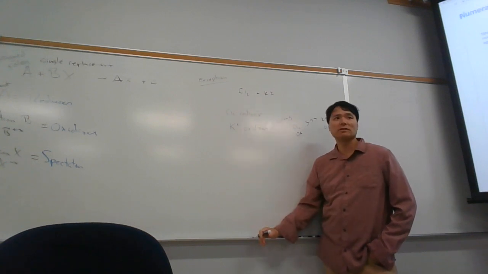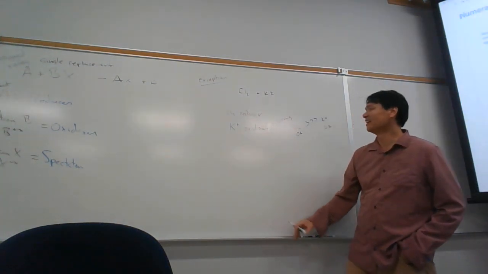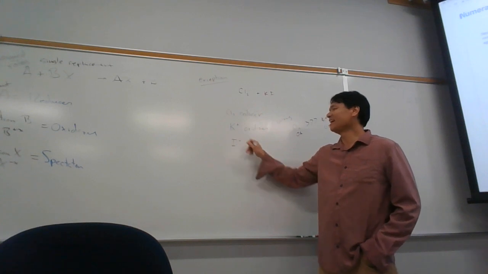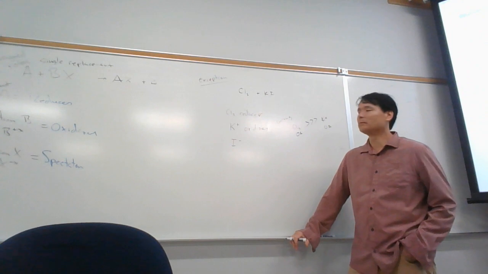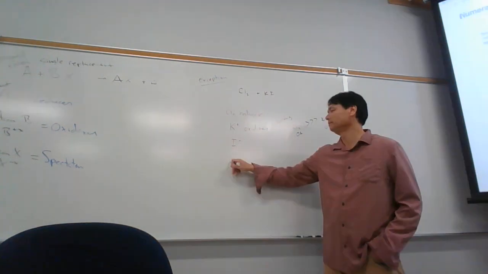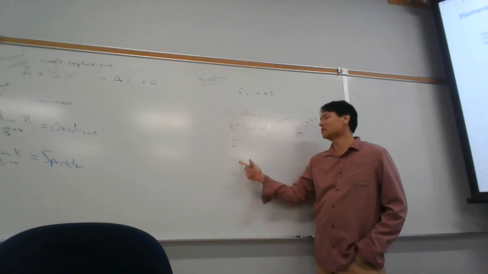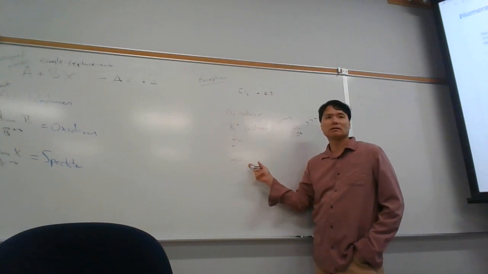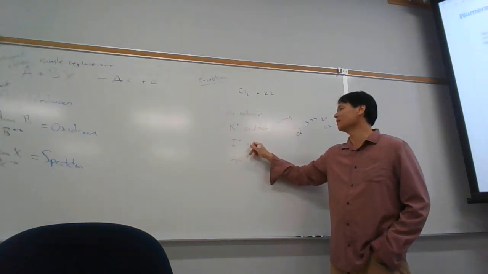Chlorine is going to be the strongest oxidizer here, and so it's going to oxidize something. Well, iodide should be a spectator, and there's also water. Which one do you think is going to be easier for chlorine to oxidize, iodide or water? Iodide. And so iodide is no longer a spectator.